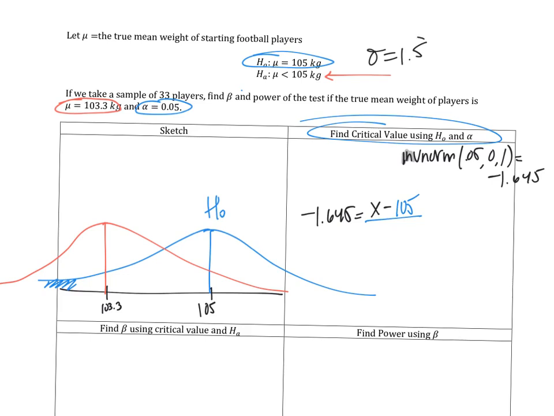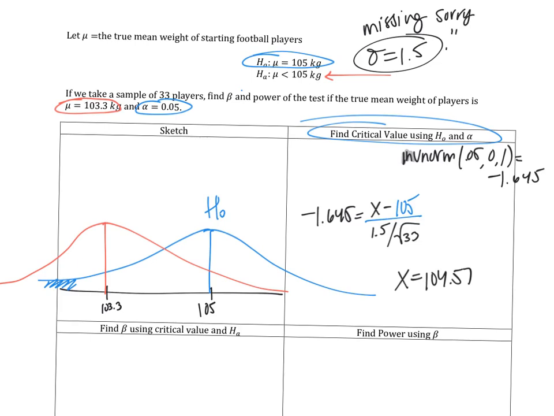Sigma is 1.5, so you guys could have done this problem without this. 1.5 over the square root of 33. And you'll get out that x is equal to 104.57. This was just missing. Sorry. So 104.57 is somewhere like here.